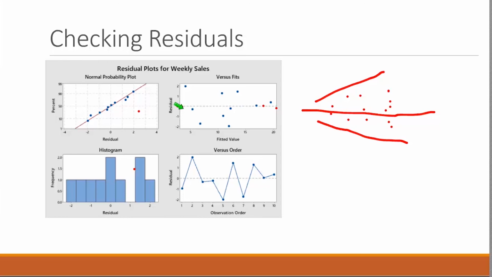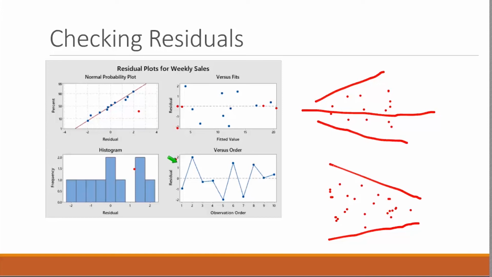We do see heteroscedasticity. Similarly, sometimes we may see situations like this. It's still fan-shaped, but it's the opposite way. In that case, we also say heteroscedasticity exists. That is, the condition is violated. For what we have here, I wouldn't label that as a fan shape, so we're good.